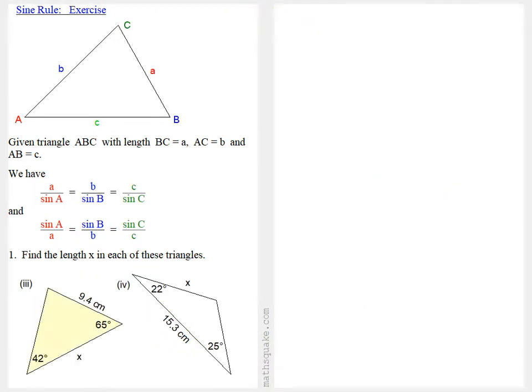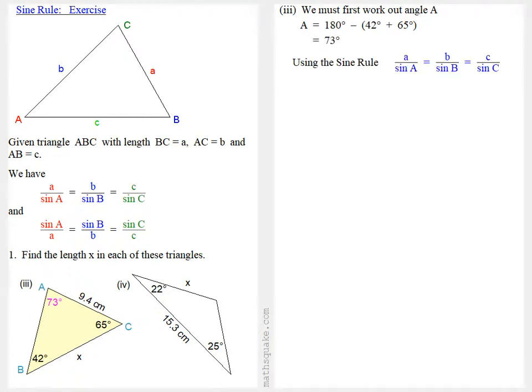In part 3, we have a triangle with a side 9.4 centimetres and angles 42 degrees and 65 degrees. Now, to work out the length of side x, we need to know the angle opposite x. That's not given, but we know the angles in a triangle add up to 180, so the angle A is 180 minus 42 and 65, which is 180 minus 107, which is 73 degrees.